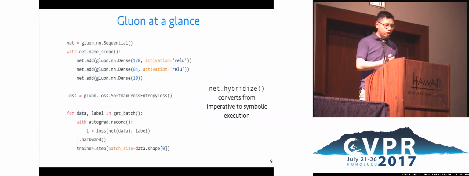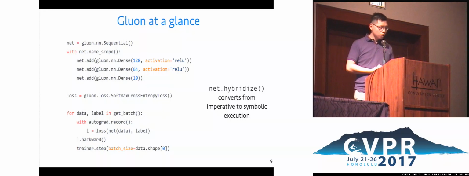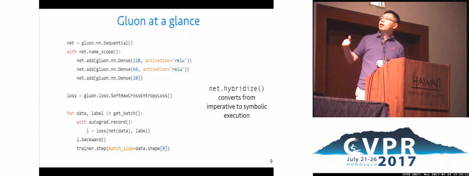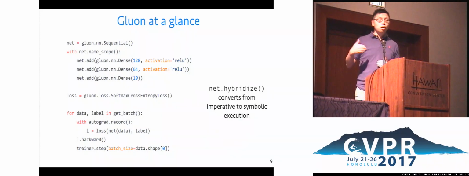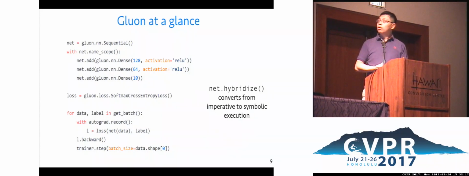Next I'm going to show a very high-level idea of what this looks like. In the first part we define, again, a simple hidden-layer multi-layer perceptron. This is very similar to Keras. You call sequential, which is a container, and then you add a dense layer and another dense layer.